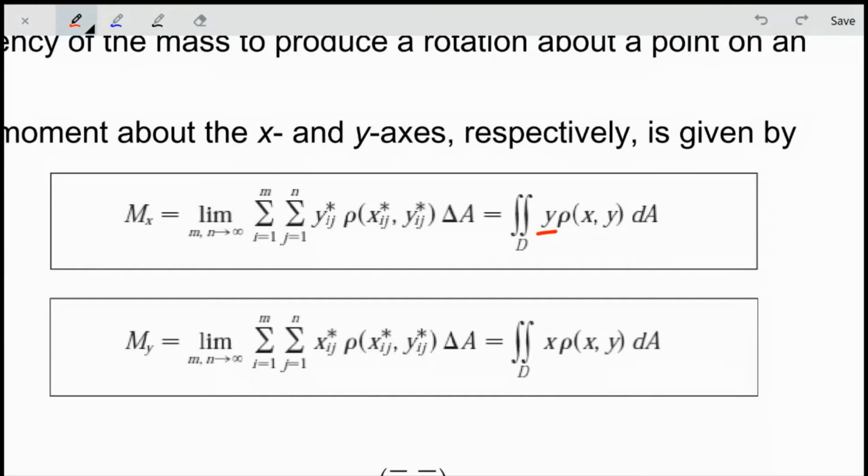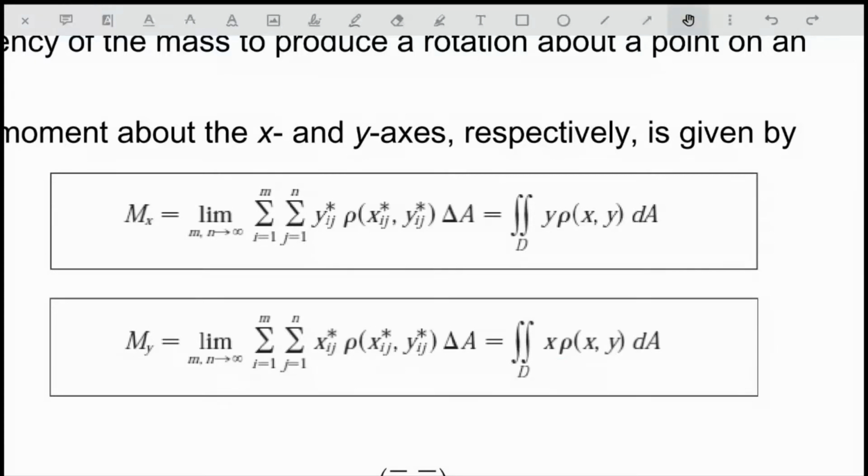And the reason we're doing that is because, again, we're thinking about rotation around the x-axis. We're going to want to rotate around the x-axis as we have more mass, either above or below the x-axis. So that's why the y is taken into account there. And then the same thing with the moment in the y direction: we're looking at how far away from the axis in the x direction we are.